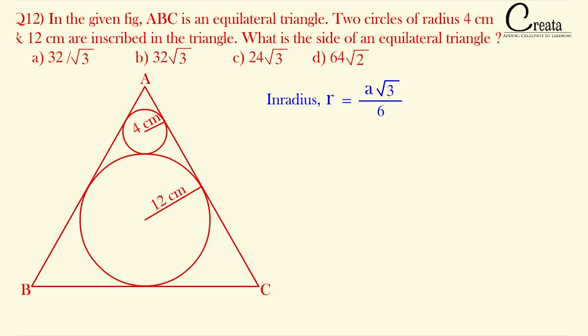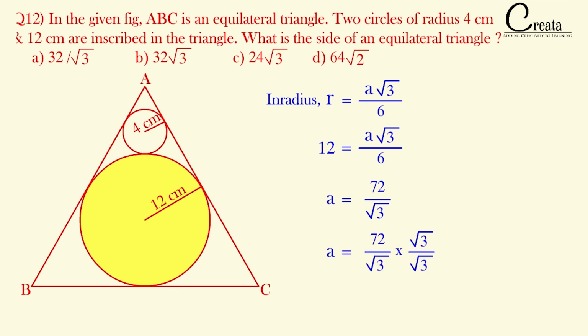Here the inradius of this big triangle is given as 12 cm, so we can apply the formula, that is r is equal to a root 3 upon 6. Here r is 12. On putting the value, we got a, that is the side of the equilateral triangle, as 72 upon root 3. Let's multiply root 3 in numerator and denominator. We got the value of a as 24 root 3. Okay, that is the answer of the question.